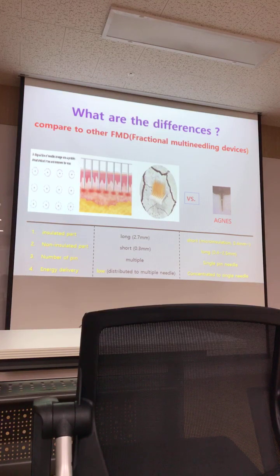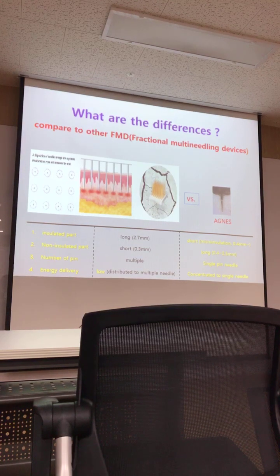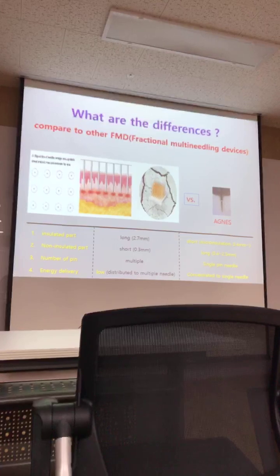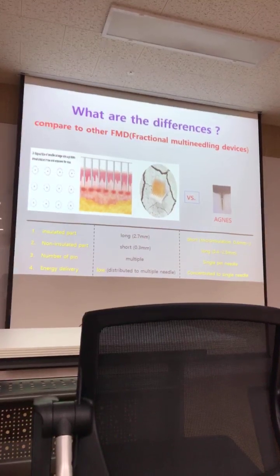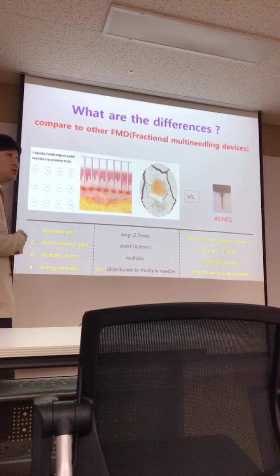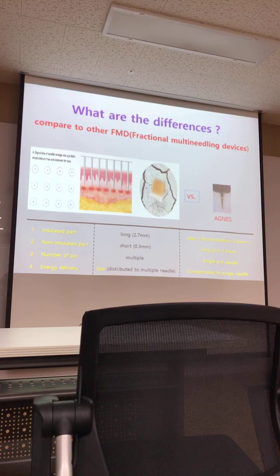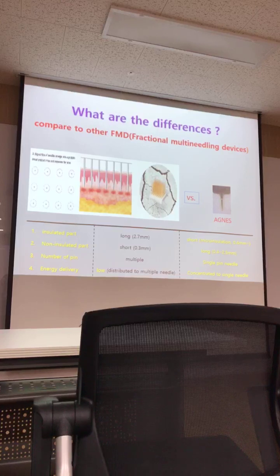And they have a long insulated part. Normally the fractional RF needling devices, the length is 3 millimeters. About 90% of the needle is covered by insulation, so their insulation length is very long, 2.7 millimeters. So it is almost impossible to protect the narrow area from the skin surface to the sebaceous gland.